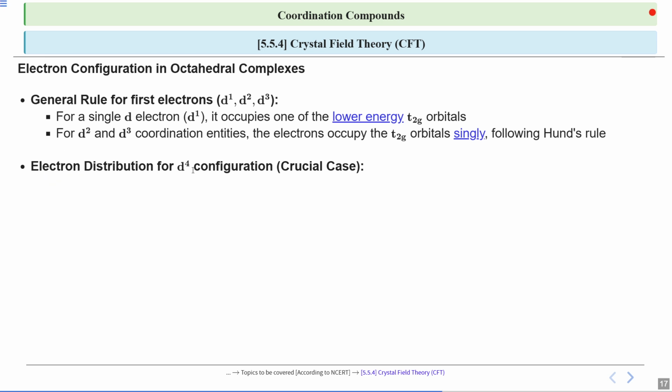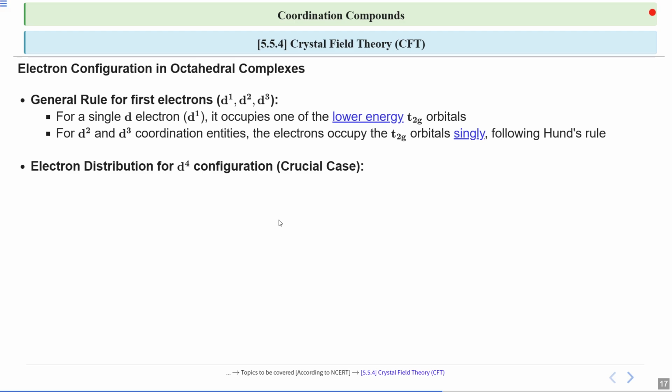Now, how will the electron distribution be for the d4 configuration? This is a crucial case. Why? d4 means four electrons, but we have only three orbitals in the t2g. Three singly occupied electrons can be filled into the lower energy t2g orbitals.